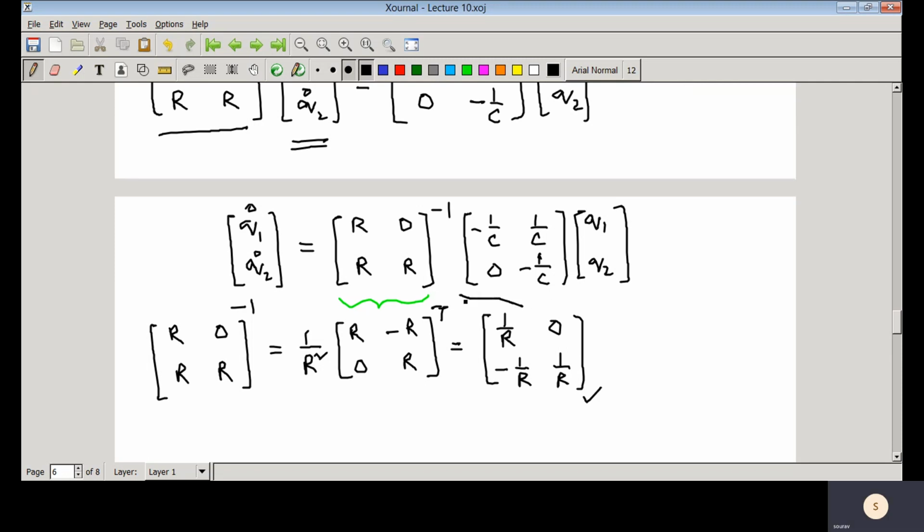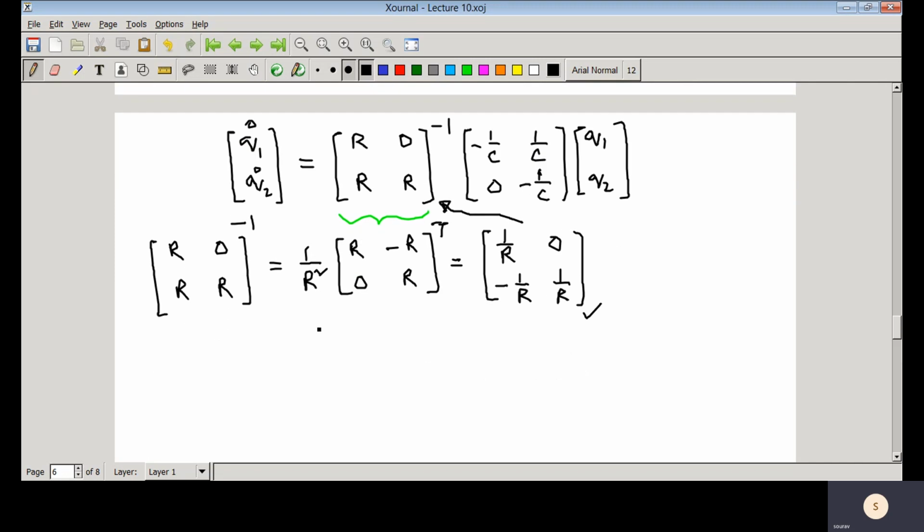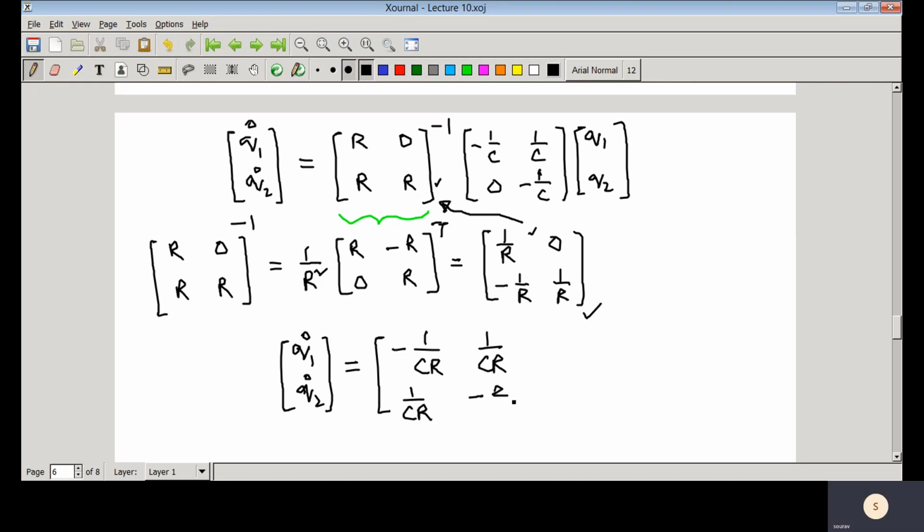So now if you replace this one here and multiply it, then the final expression that you would have, that is q1 dot, q2 dot, the first derivatives of q1 and q2, is equal to, just replace the inverse of that matrix and multiply, then you will get minus 1 by CR, 1 by CR, then 1 by CR, minus 2 by CR, times q1 q2.